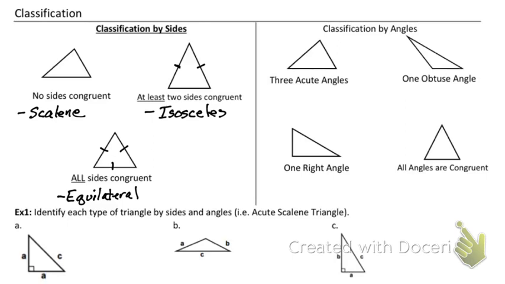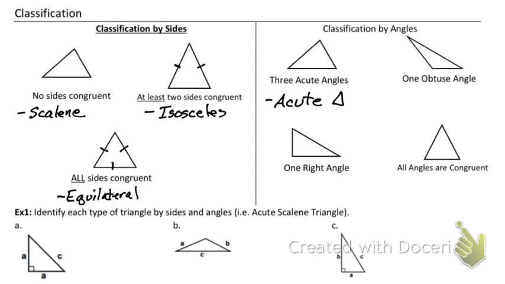I like classifying by angles because you pretty much know what they're called. If you have three acute angles, so every angle is nice and small, you call that an acute triangle because it's so cute and small. Acute triangle. If you have one obtuse angle, in fact, a triangle can only have one obtuse angle.